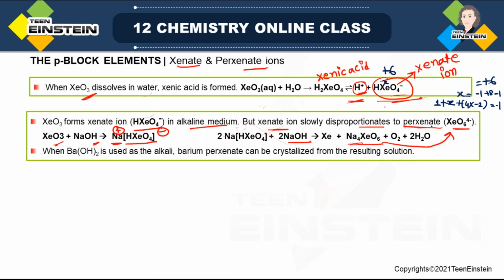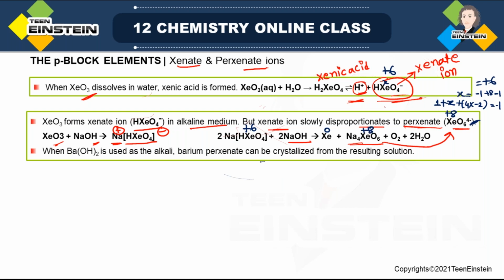And when it is Perxenate, the oxidation state is plus 8. Why? Because with 6 oxygen, the total negative charge from oxygen is 6 into minus 2, minus 12. Total positive charge is 8, so plus 8 minus 12 leaves an extra negative charge of 4 minus. So from plus 6, it is converted to 0 oxidation state and plus 8 oxidation state.